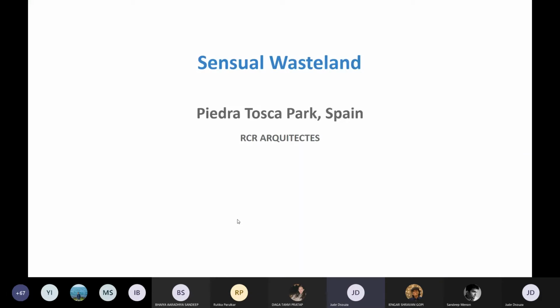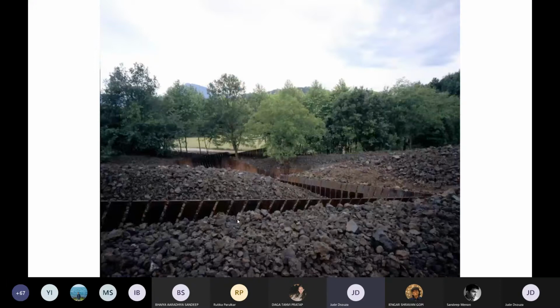And very simple again. You see these mounds of gravel, and instead of making it pretty or throwing it away, all that is done is you accentuate the slope with these pre-weathered steel elements.